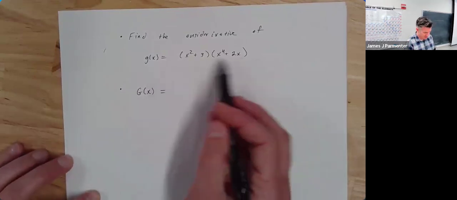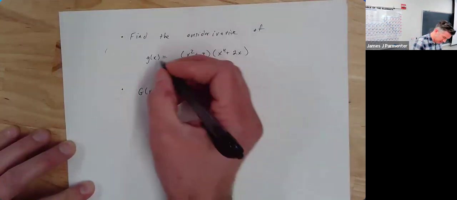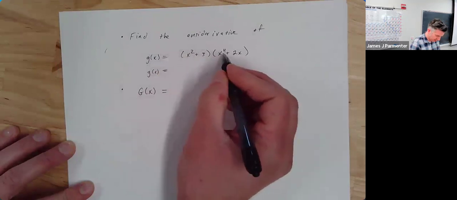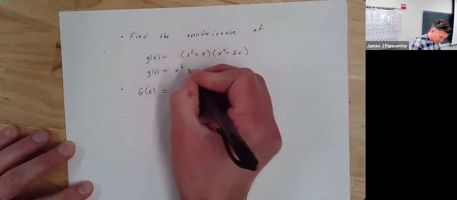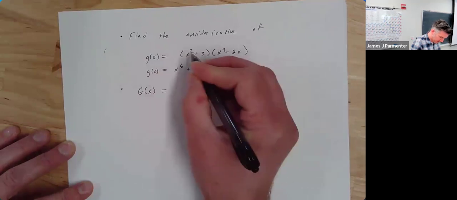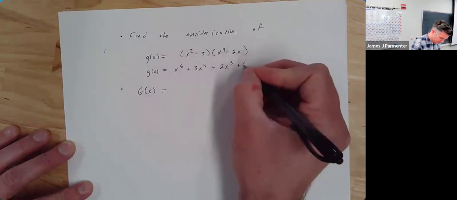So before I can do this, I have to multiply this out. So let's FOIL this out and see what we get. Little g of x is equal to x squared times x to the 4th plus 3, times x to the 4th plus 3, plus x squared times 2x plus 3 times 2x.